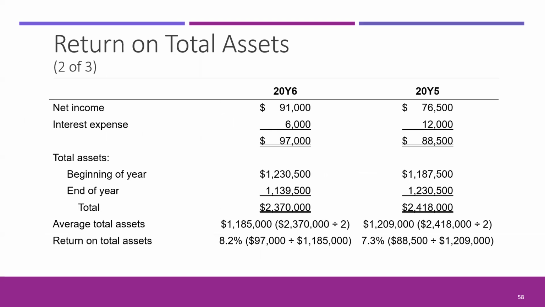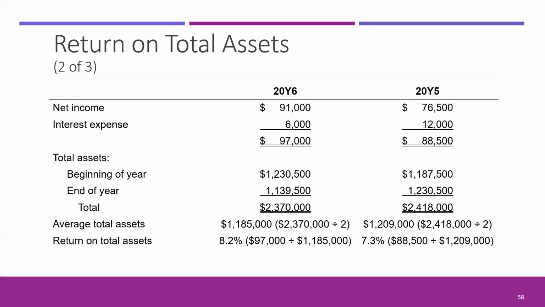And also because a lot of times this is looked at by bondholders and they want to look at it pre-interest expense, pre-debt expense, essentially. So to get return on assets, we take net income plus interest expense, $97,000. We get our average total assets. And then in 2026, it was 8.2%, 2025, 7.3%.